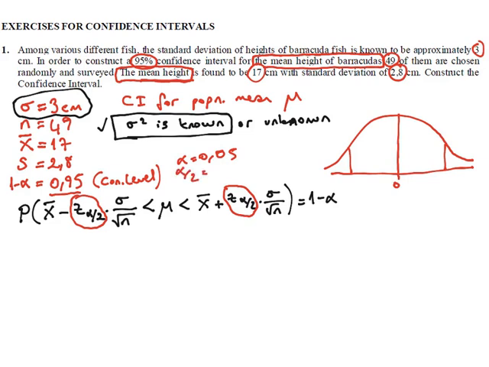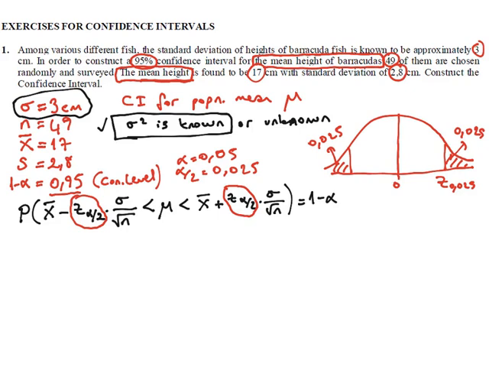Alpha over 2 is 0.025, which means these shaded areas are 0.025 and 0.025. So we need to find that Z value, Z 0.025. From the table, you can check that.